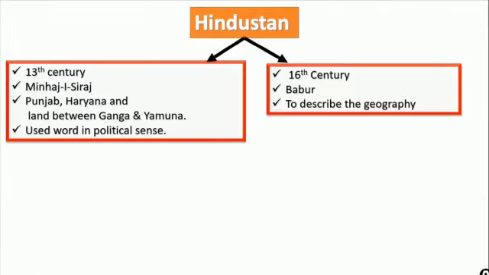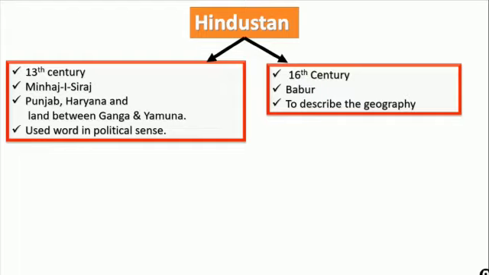Hindustan was the most common term for India. In the 13th century, the term Hindustan was used by Minhaj-i-Siraj. He meant the area of Punjab, Haryana and the land between Ganga and Yamuna, but not South India. He used the word in a political sense.